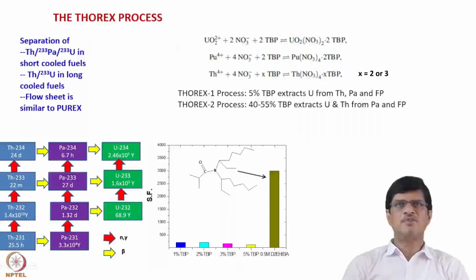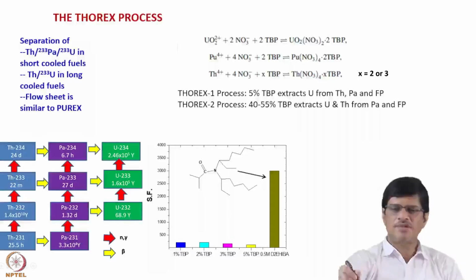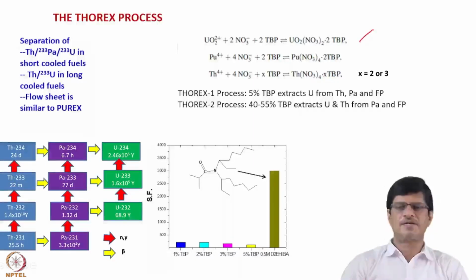So the extraction can be done by TBP, similar to the Purex process. As mentioned, in this case the uranyl ion is extracted by 2 nitrate and 2 TBP, giving the species UO2(NO3)2·2TBP. Plutonium gives the species Pu(NO3)4·2TBP, and likewise thorium 4 plus.